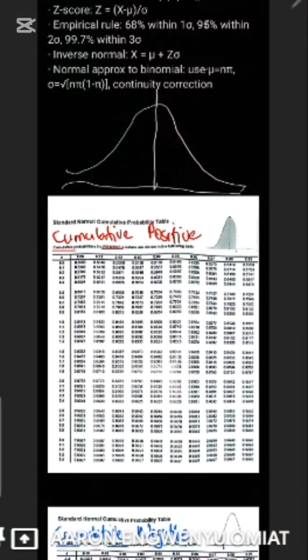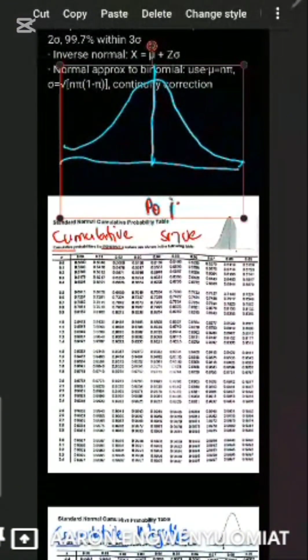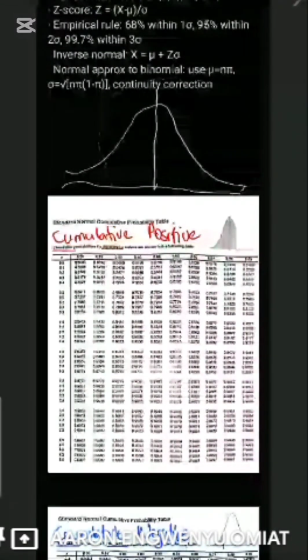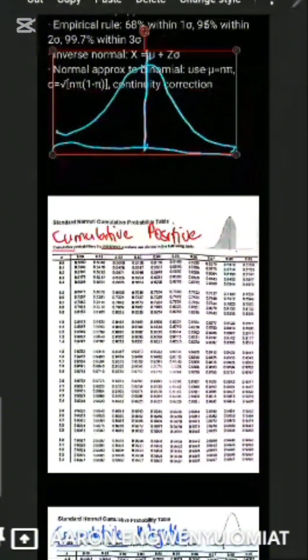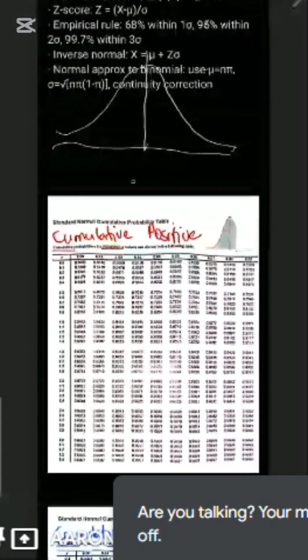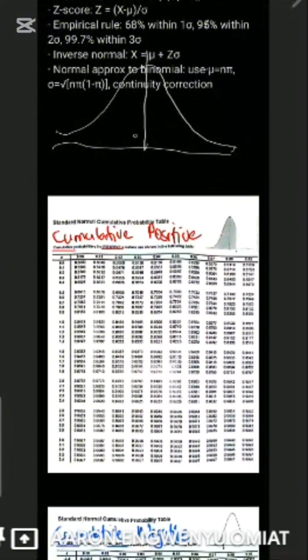Remember, for a standard normal distribution, the mean, median, and mode are all equal, and we normally consider the mean to be 0.